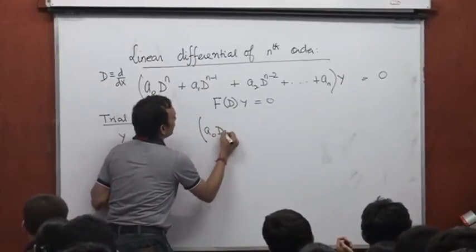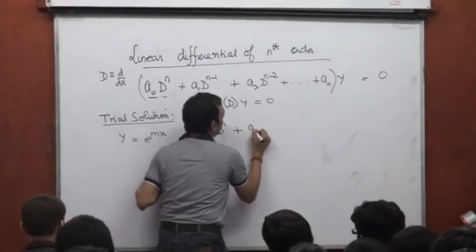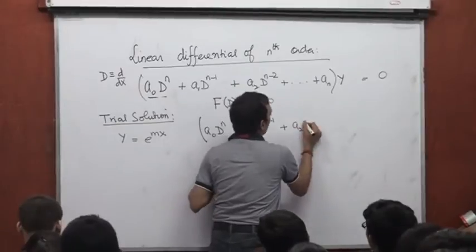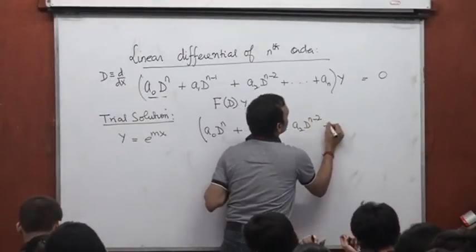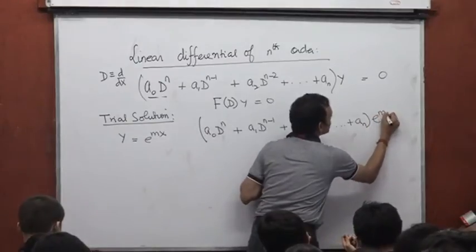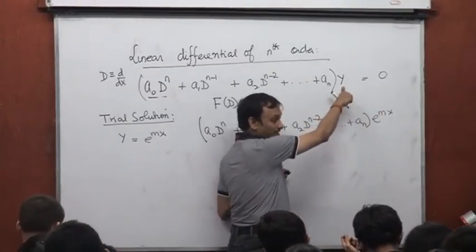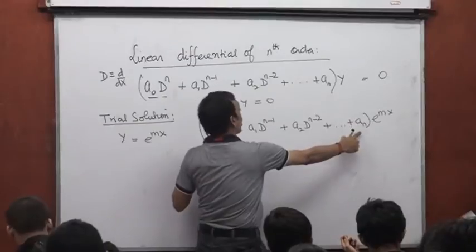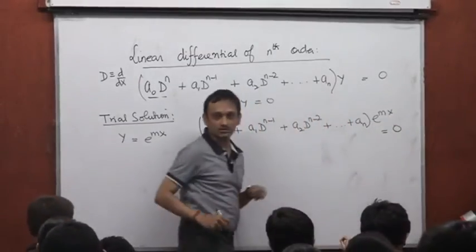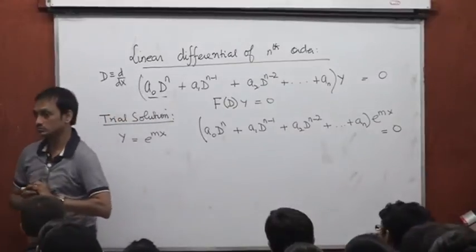So I have a naught D to the power n plus a1 D to the power n minus 1 plus a2 D to the power n minus 2 plus an, acting on e power mx, right? I've started with y equal to e power mx as a trial solution. That means when this operator acts on e power mx, the result must be 0.